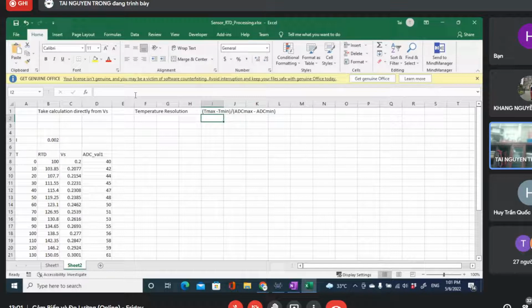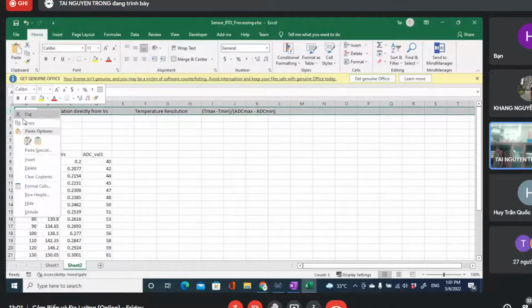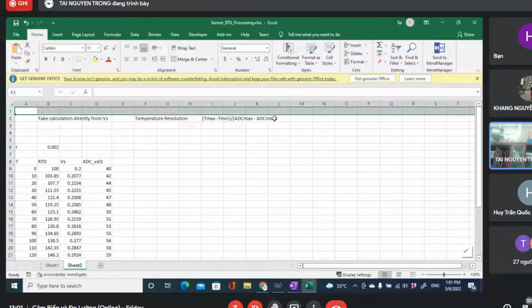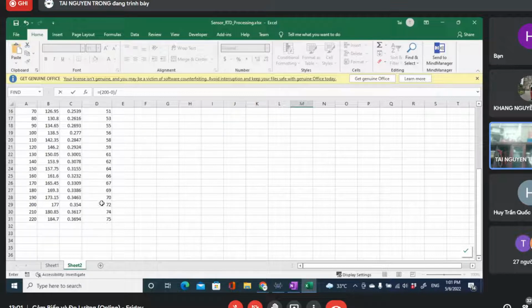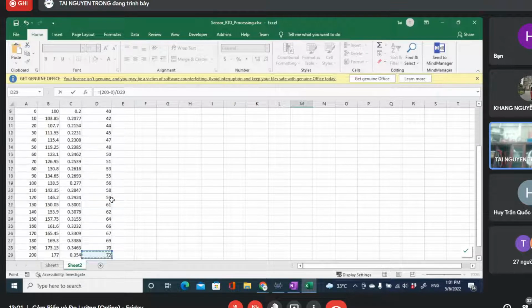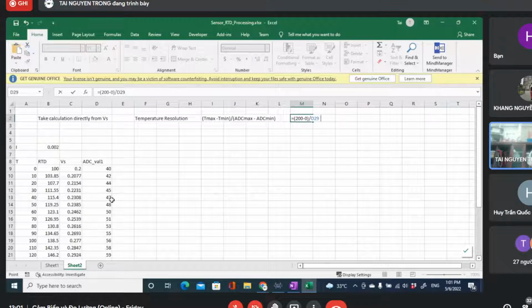Okay, and the value in this case is equal to 200 minus 0, divided by 272 minus the resistor value.